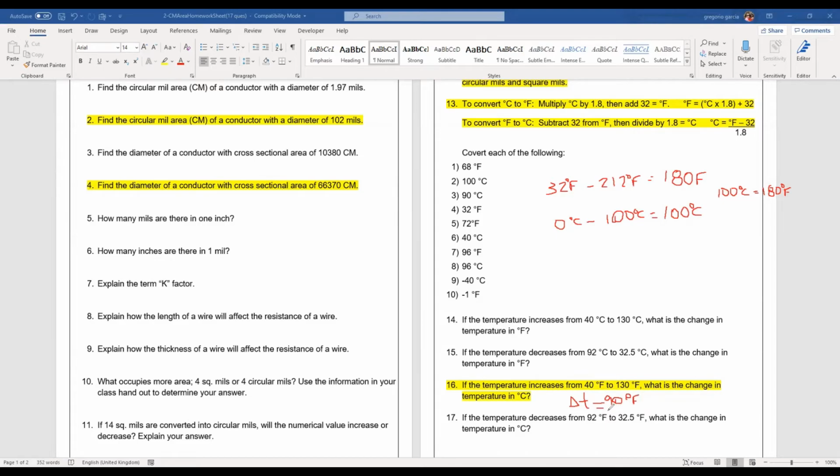But you cannot take this 90 and apply the full formula, because you can see that it says here, Celsius is equal to Fahrenheit minus 32 divided by 1.8. You cannot do that when you have done a temperature change conversion. You have to eliminate the 32 and just divide my Fahrenheit by 1.8.